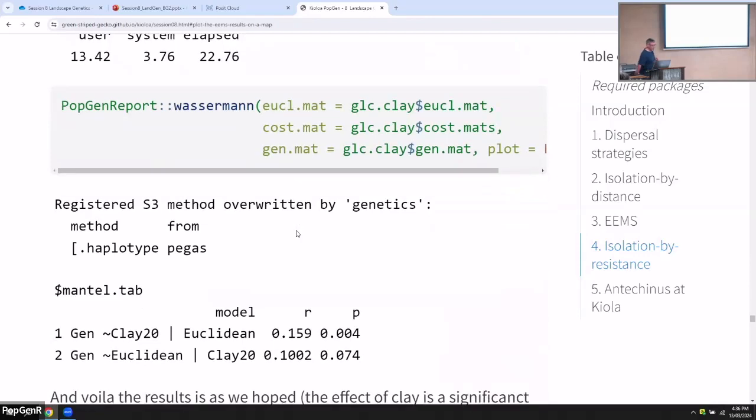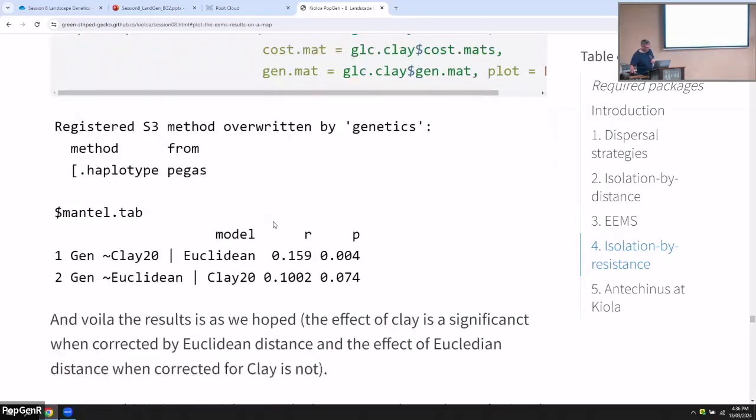And then you put all the three matrices in this Wassermann if you want. That's one of the tests people like to do. And this is a partial Mantel test. It's two. You check, is the effect of clay, which is my resistance layer, on the genetic distance, corrected for Euclidean distance. Yeah? And this is meant to be significant, hooray. Yeah?